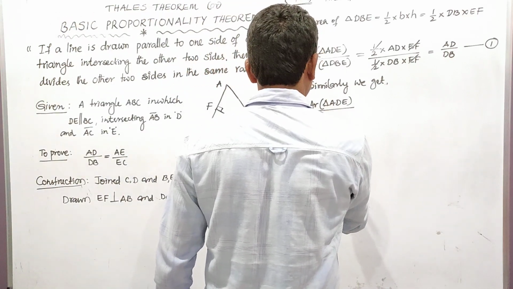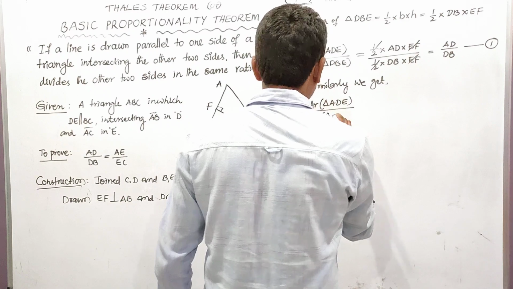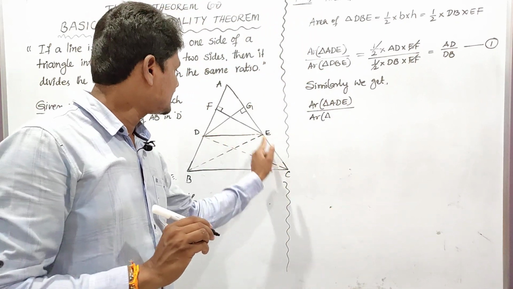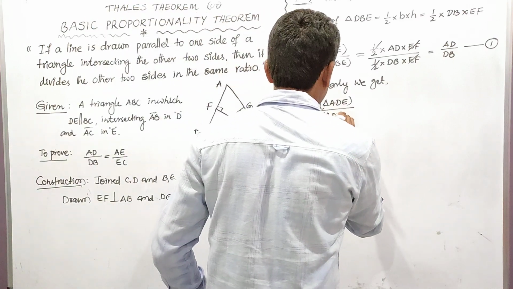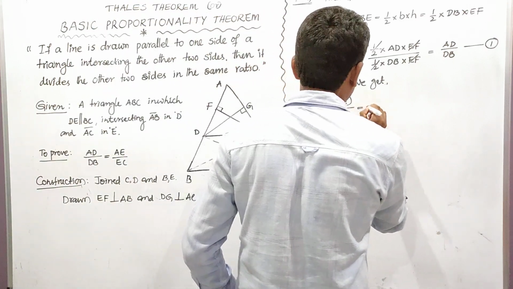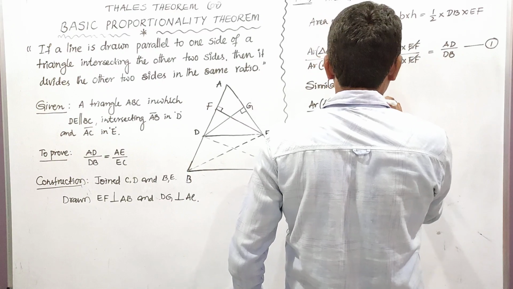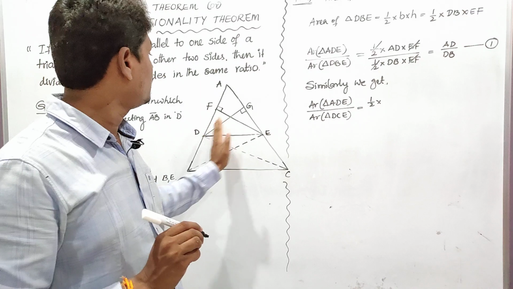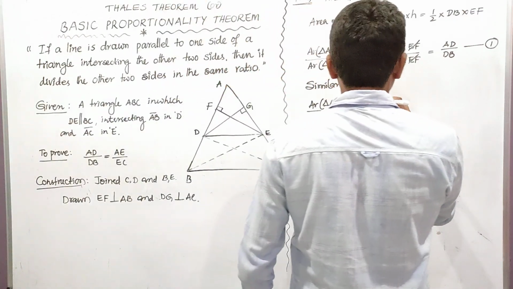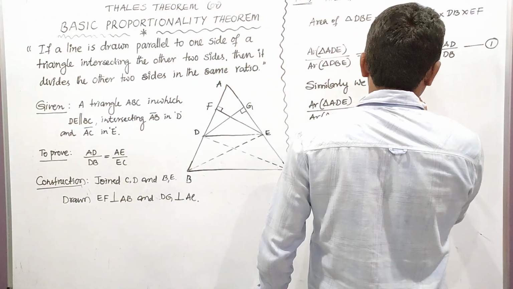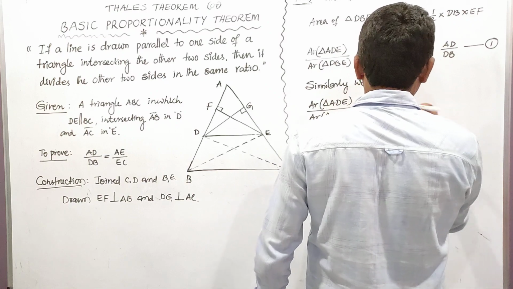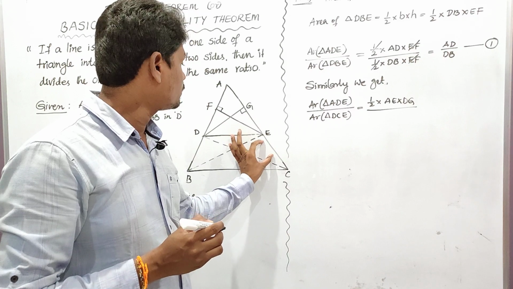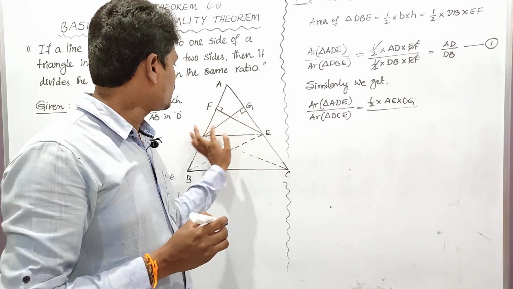So area of triangle ADE divided by area of triangle DCE. Now I want to find the area of triangle DCE. See student, what we get? Half into AE into DG, since for this triangle I take AE as the base and DG becomes the height, divided by, for area of triangle DCE, EC as the base, then DZ becomes the height.